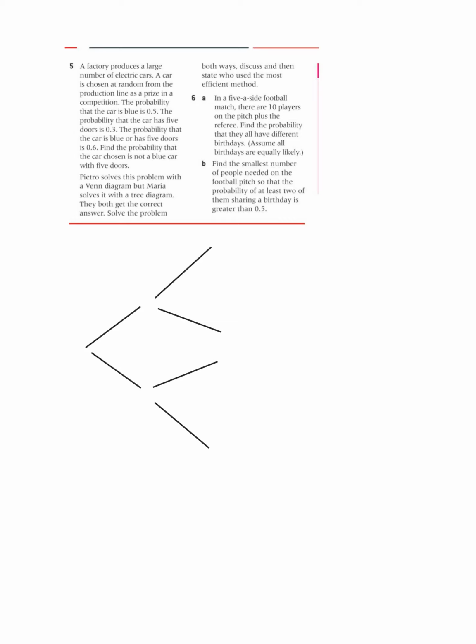If the car is blue, the probability is 0.5, so the probability of not blue is also 0.5. The other information they've got here is the probability that the car has 5 doors is 0.3.